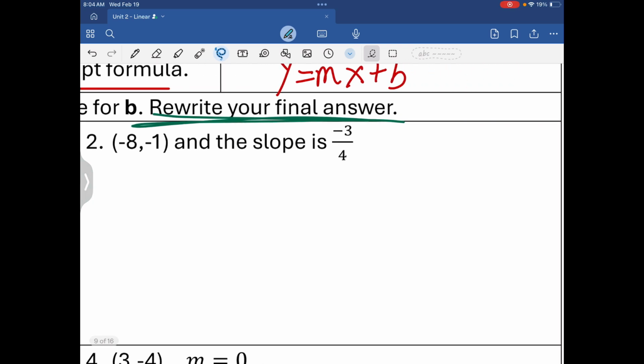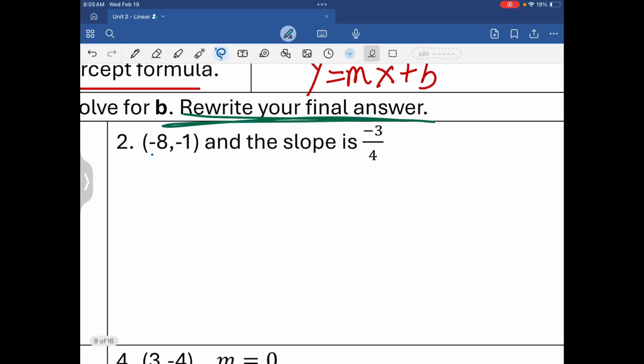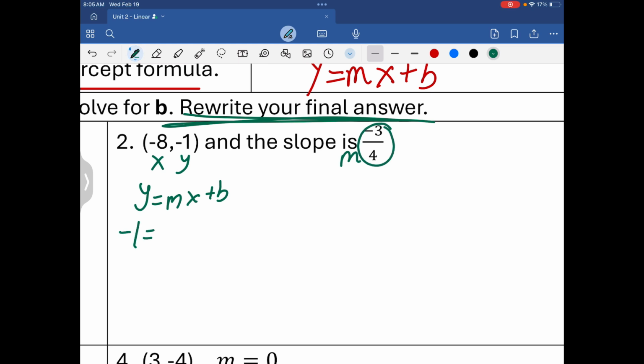So I have (-8, -1), and the slope is -3/4. We have a fraction, but that's okay because we have a calculator we can use also. So I have x, I have y, and I have m. So let's start plugging it in. Y equals mx plus b. Our y is -1 equals our m is -3/4, our x is -8, plus b.